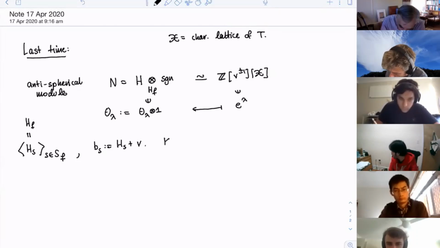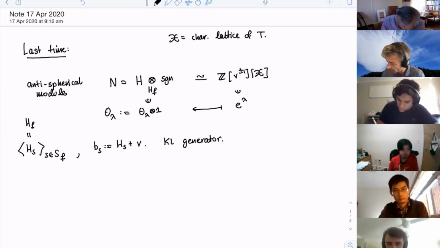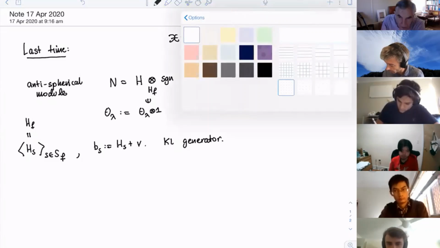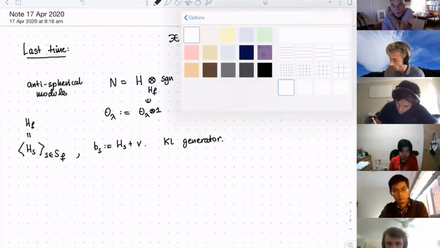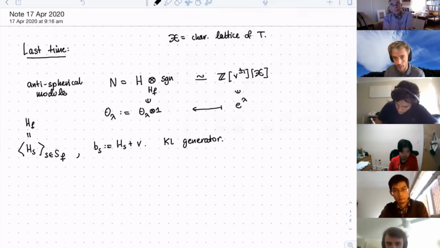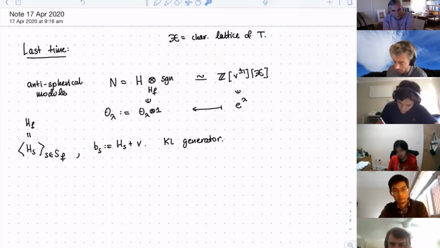This is a Kazhdan and Lusztig generator. And it's a rule of the subject that often formulas become simpler when you write them in terms of Kazhdan and Lusztig generators. So here we think about this Kazhdan and Lusztig generator as built out of this one, but in nature it's probably the other way around, that this thing is built out of this one.